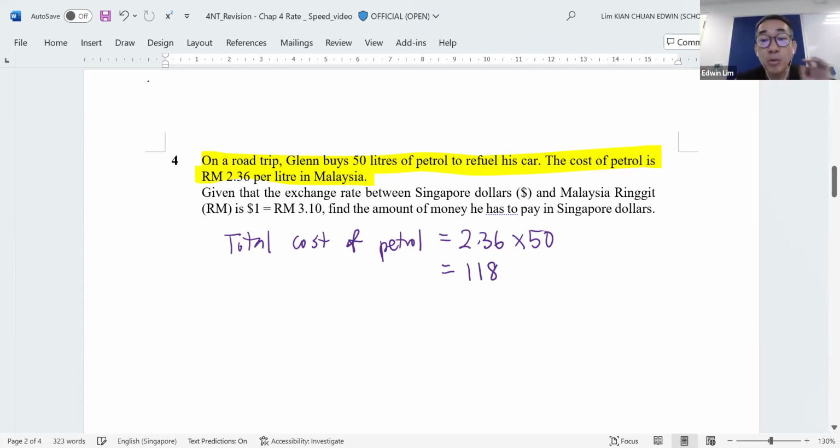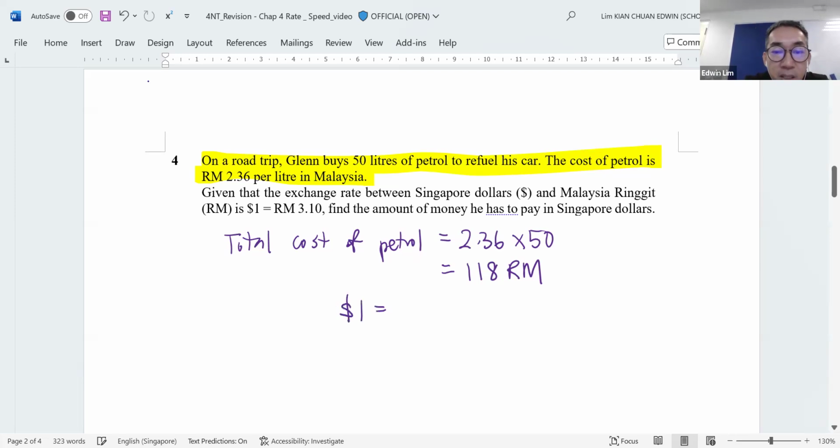118, is it in Singapore dollars or in ringgit? This question at the moment is under ringgit. Okay, after you found the total cost of the petrol, this is the next thing that you have to do. You have to find the total money he has to pay in Singapore dollars. Since they're asking in Singapore dollars, when I write the exchange rate, I must write Singapore dollars first.